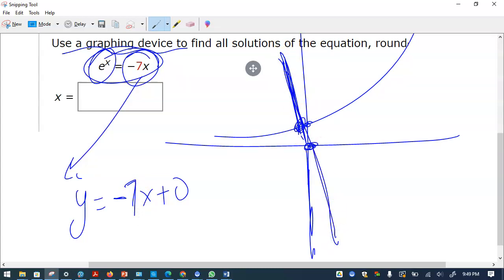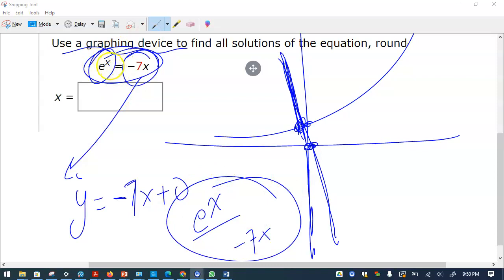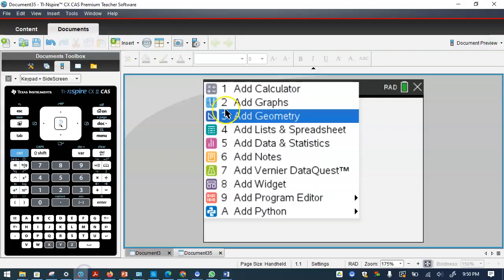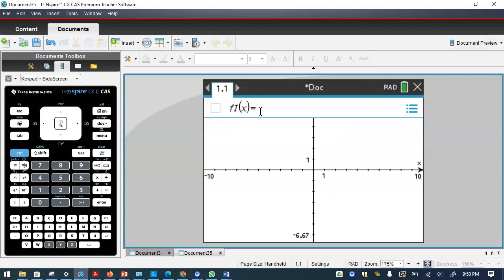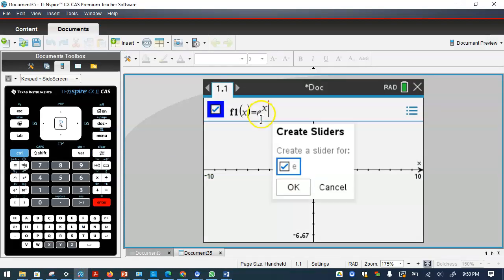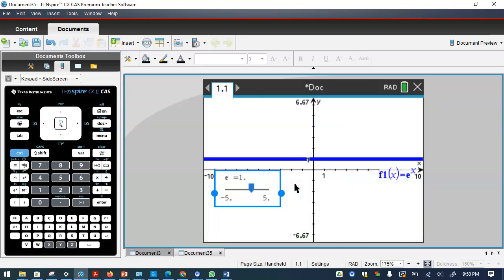So all you do is put in the calculator e raised to x first, and also minus 7x, and see where they cross each other. So let's put this in. Here I'm using a graph. The first one is e raised to the power x, and you enter. Oh, I think I made a mistake. Let me start with a fresh one.